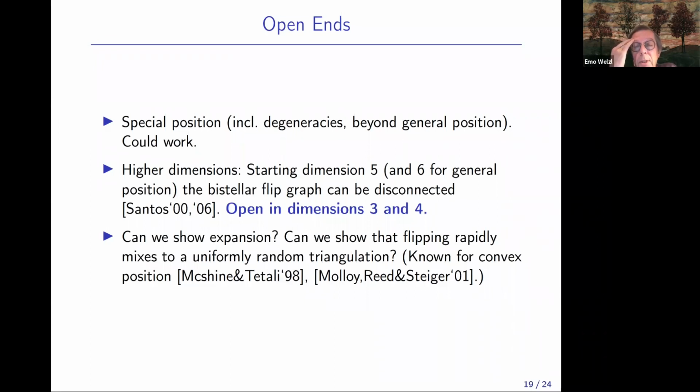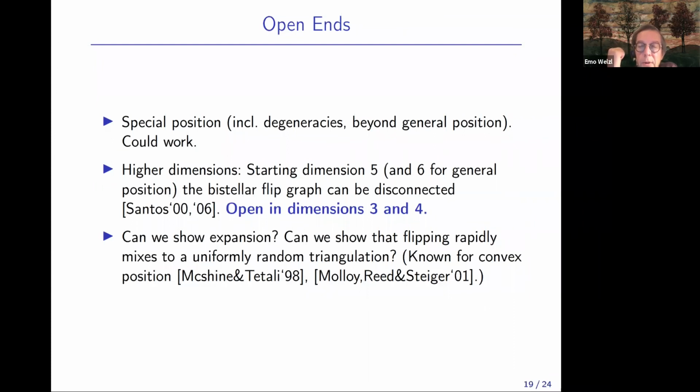But the question is, if you take a triangulation and start flipping edges, or points if you like, randomly, so you keep performing random flips, then one can actually show that one eventually converges to a uniform random triangulation. The question is, how long is this going to take? Is this a rapidly mixing process?